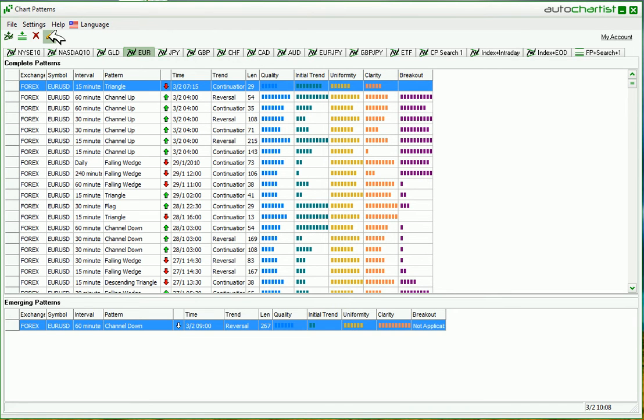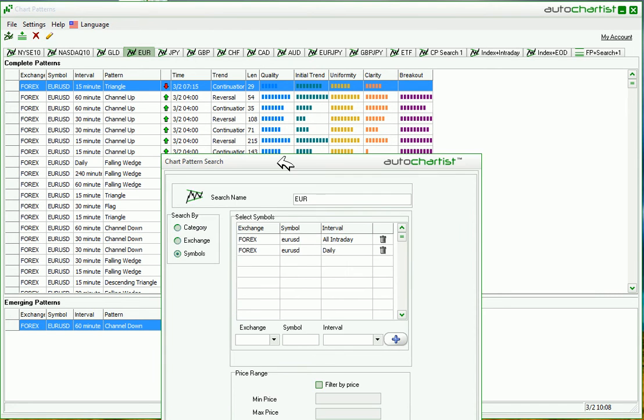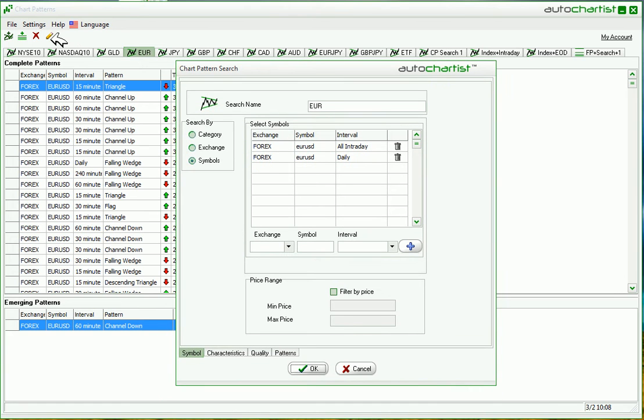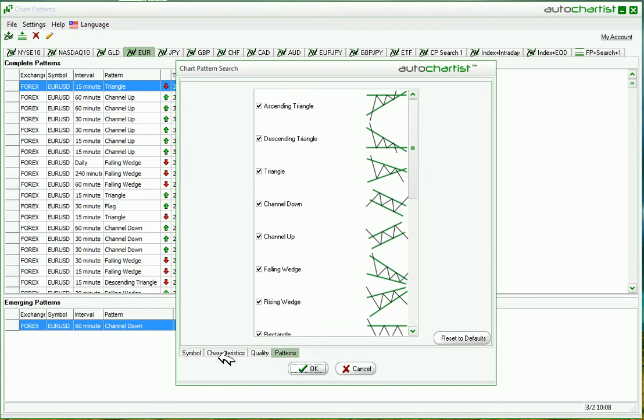But again, pertaining to the patterns themselves, by clicking on this pencil icon here, I can bring up the search criteria. And each one of these tabs has a criteria that you can tweak and individualize. The fourth tab over is the Patterns tab.